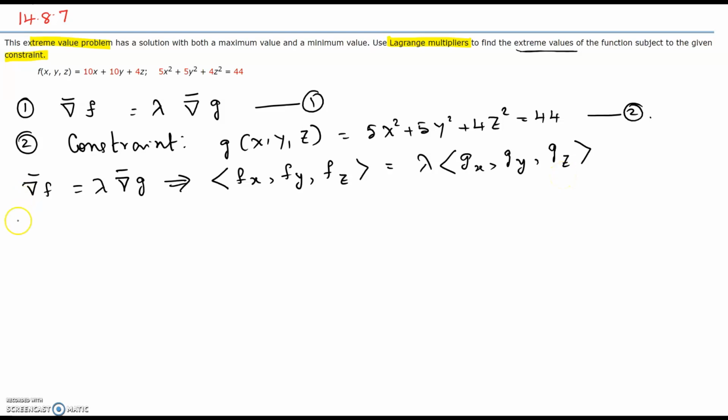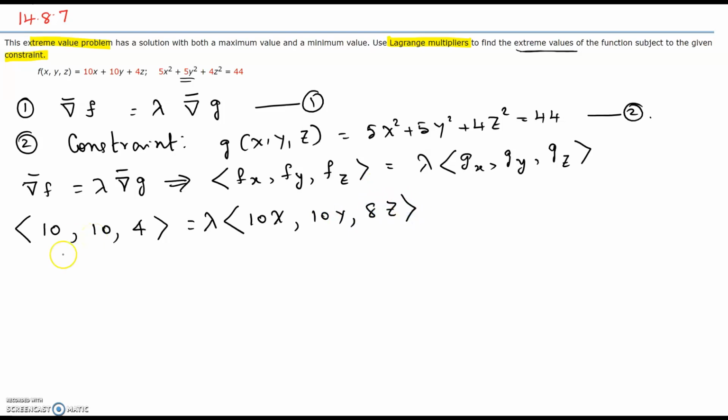So partial derivative with respect to x would be 10 because it's 10x plus 10y plus 4z. If you differentiate f of xyz with respect to x partially, it will be 10. Then f sub y would be 10, f sub z would be 4, and this is equal to lambda times g sub x, which is from this relation, that is 10x, then 10y, g sub z equal to 8z.